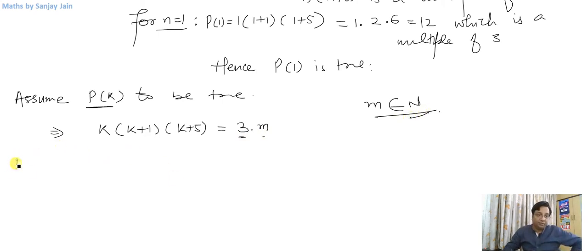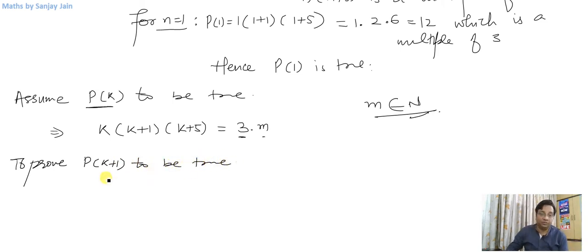Now we need to prove P of k plus 1 to be true. To prove P of k plus 1 to be true, k plus 1 into k plus 2 into k plus 6 should be a multiple of 3.